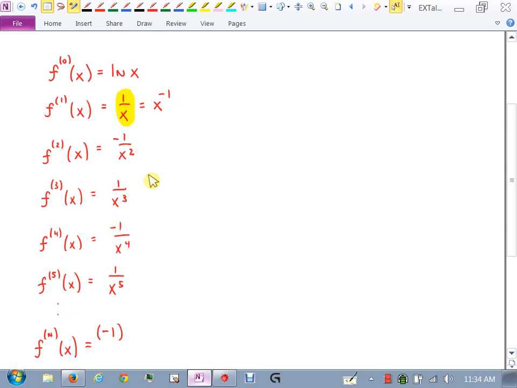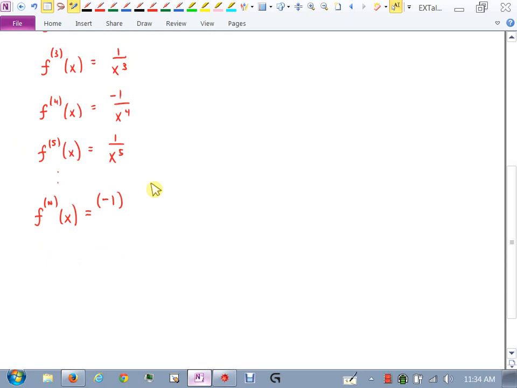So for odds, I need positive, and for evens, I need negatives. How do I make that happen? n plus 1. So does everyone agree that if I plug in an odd, I'm going to get a positive, and if I plug in an even, I'm going to get a negative? Now, what's happening on the bottom? It's x to the n power.